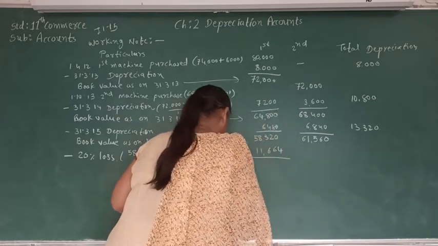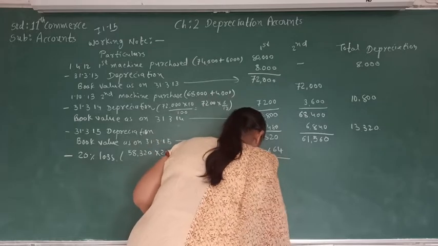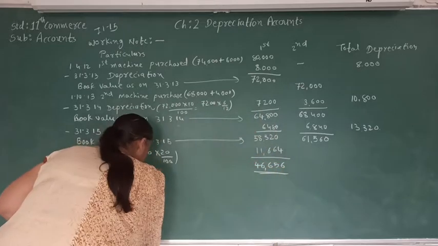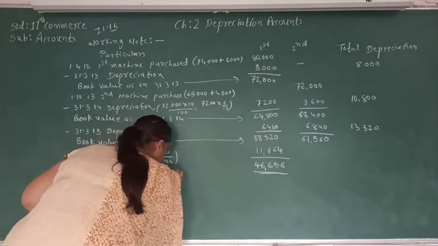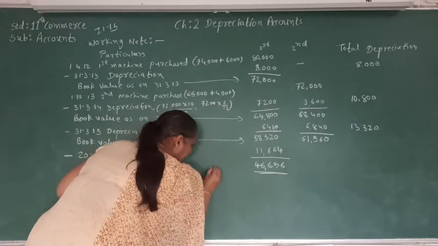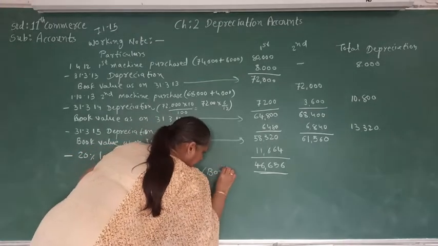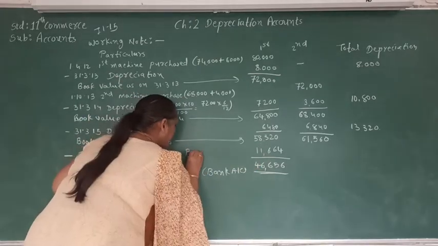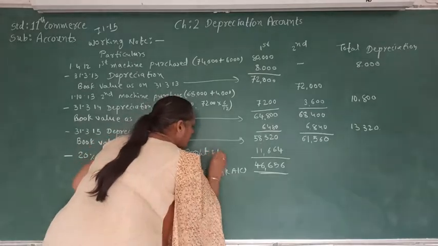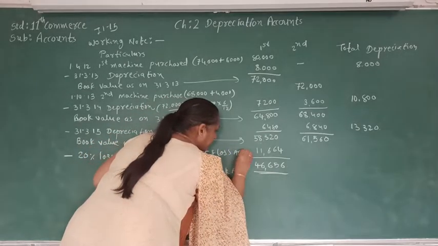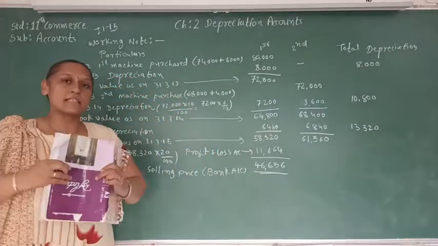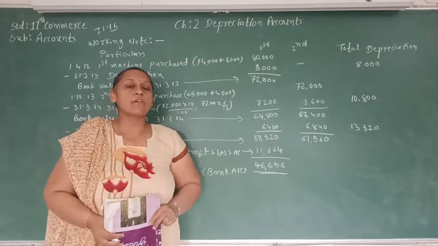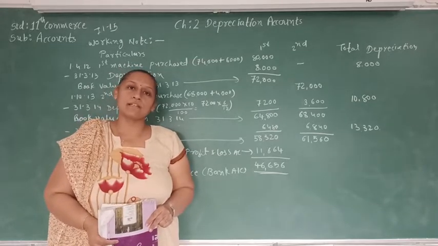The balancing amount will be 46,656. So this is the selling price of the first machine, and this will be written in the bank account, and this is the loss, so this will be debited to the profit and loss account. So students, this is how we are supposed to calculate depreciation as well as loss. You may note this down, then we are going to prepare the journal entry as well as the machine account.